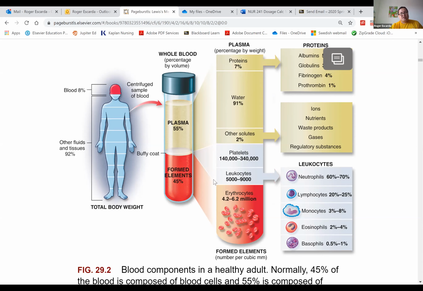And it says here that your white blood cells should only be between 5,000 to 9,000. What is the significance of a 20,000 total white count? It could be a blood disorder related. Can you be specific?